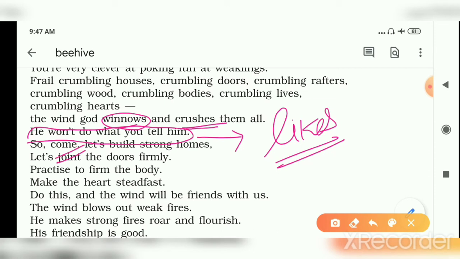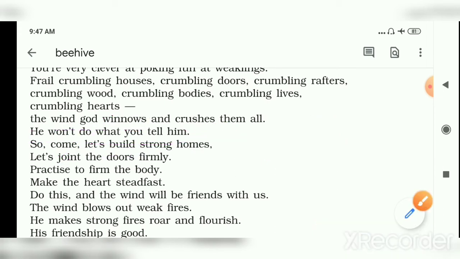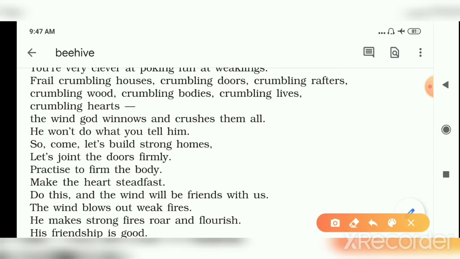But one thing, before that, let's build strong homes. We'll build strong homes so that homes will not crumble. Homes will not winnow.